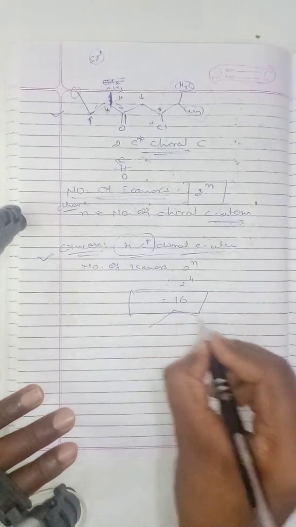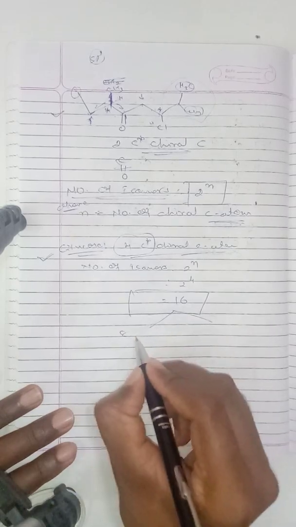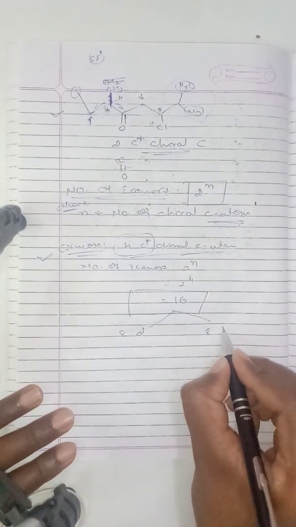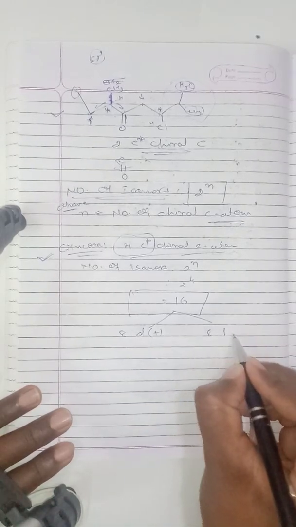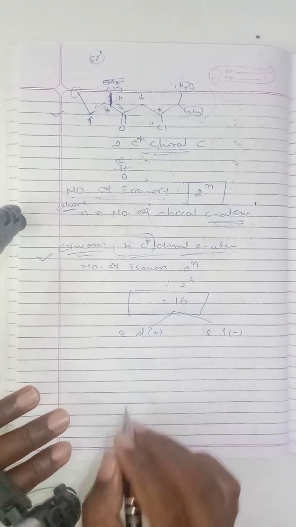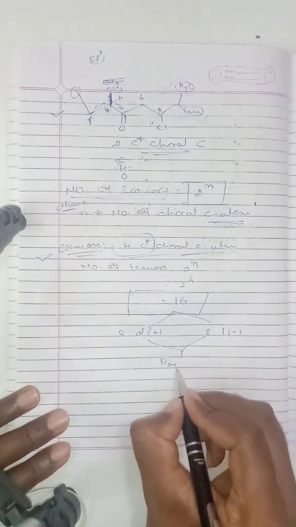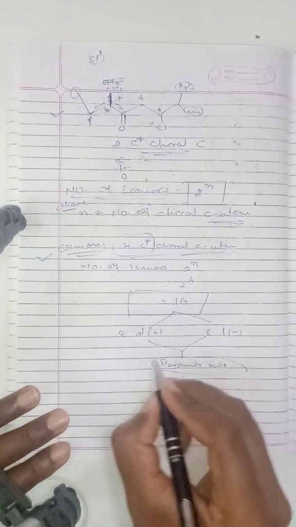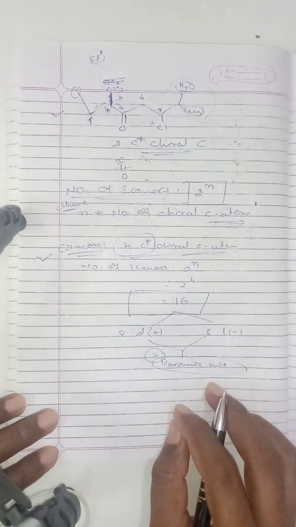Of these 16, 8 are dextrorotatory and 8 are levorotatory. This is called a racemic mixture.